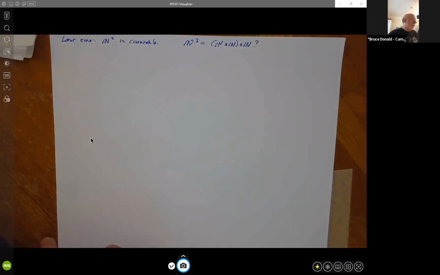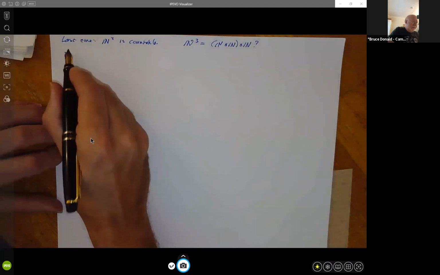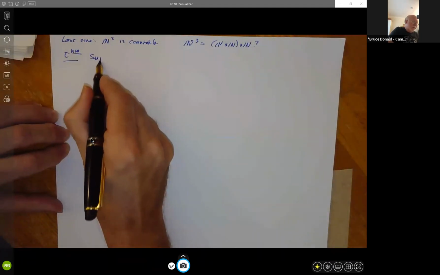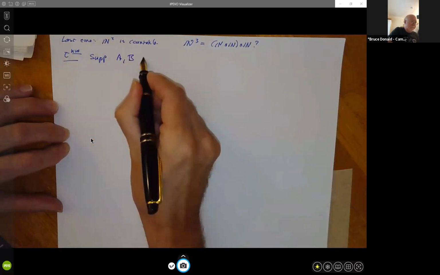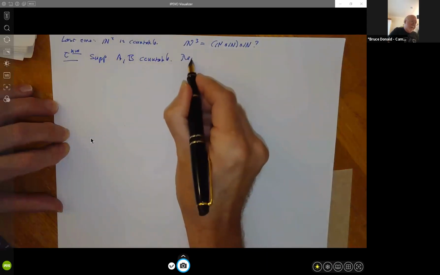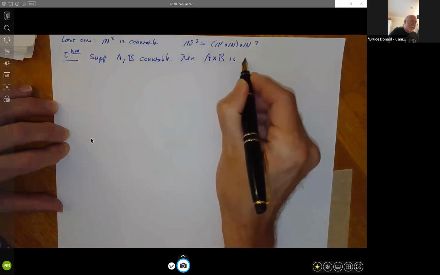So in general, you might imagine it is, because you can imagine doing some kind of dovetailing here. But let's be explicit about that and do a construction. So I'll say theorem. Suppose we have two sets, A and B, which are countable. Then the Cartesian product A cross B is countable.